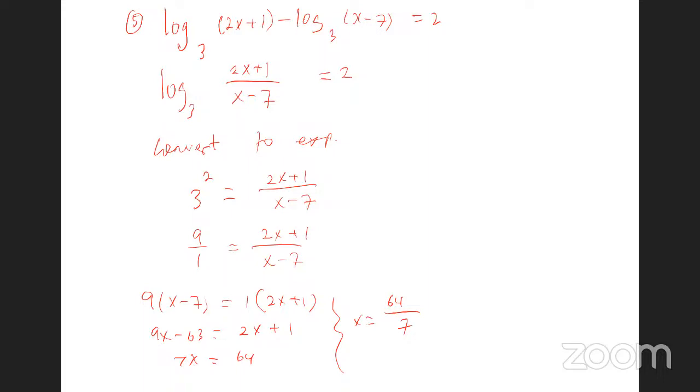All okay there? Right, going a little bit harder. This one will be 2 log to the base 4 of x minus log to the base 4 of x plus 5 is equal to 2.